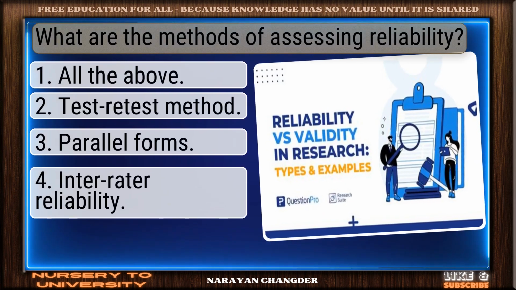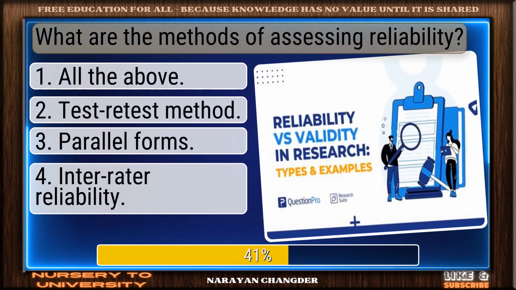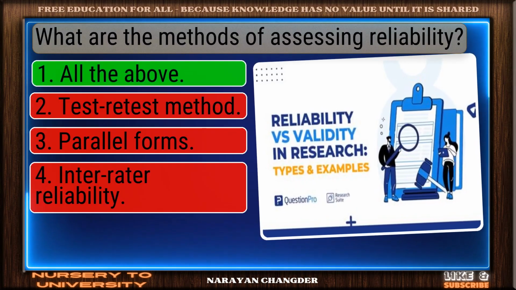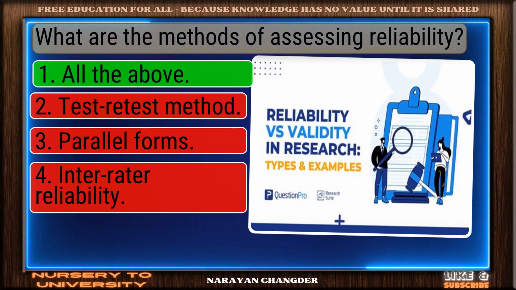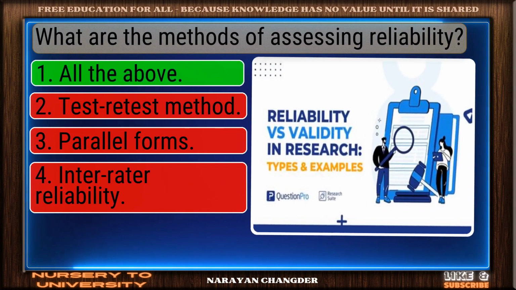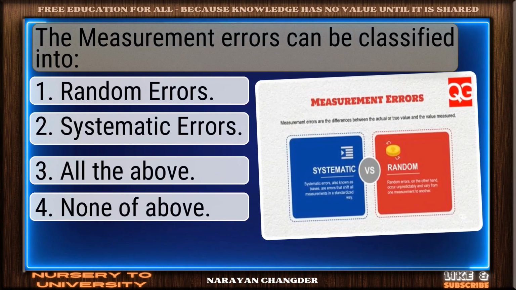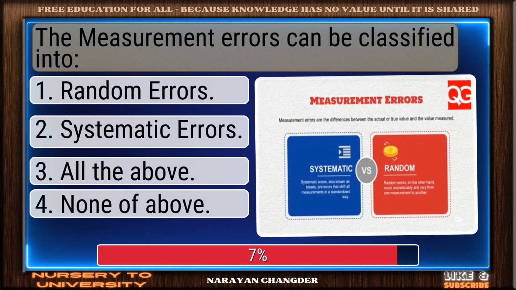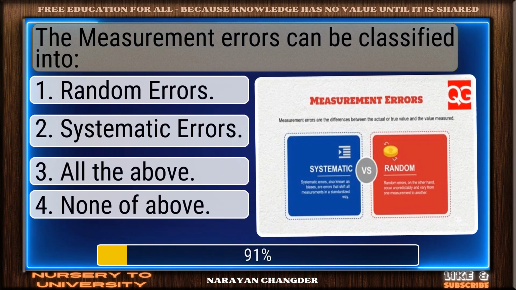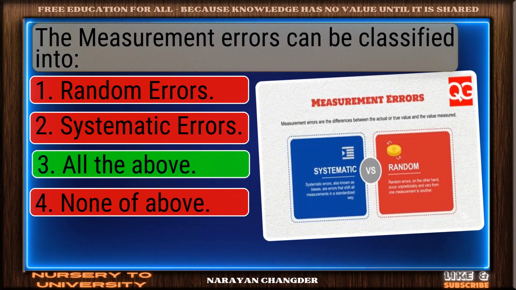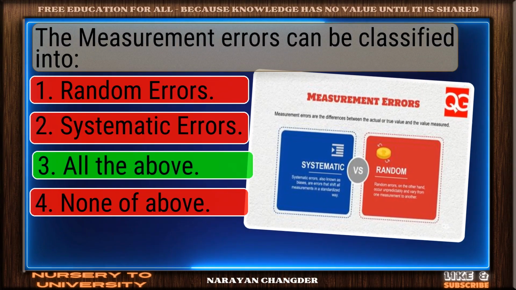What are the methods of assessing reliability? Good job. Your answer, all the above, works well here. The measurement errors can be classified into. Excellent. All the above is a brilliant choice.